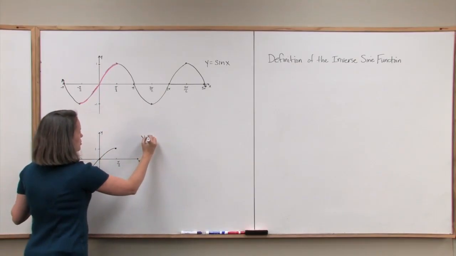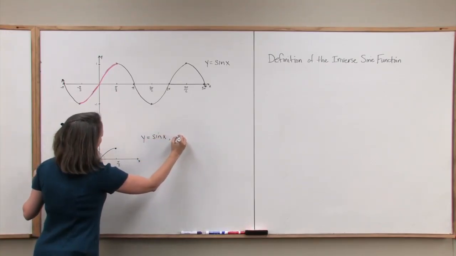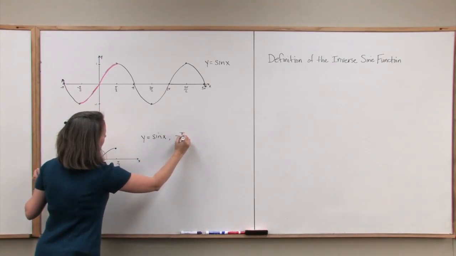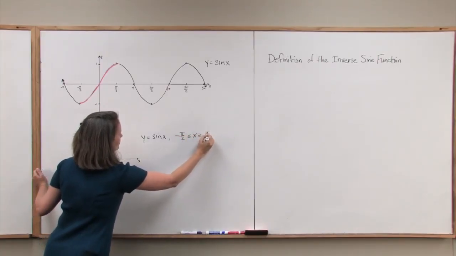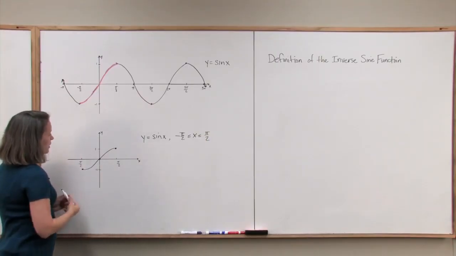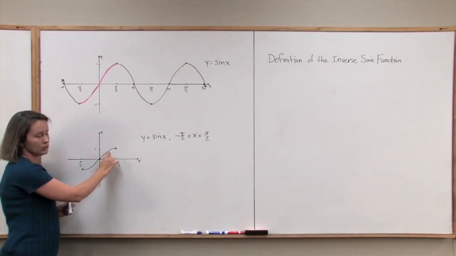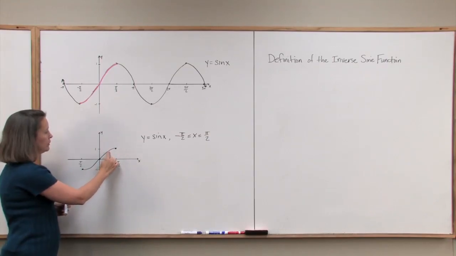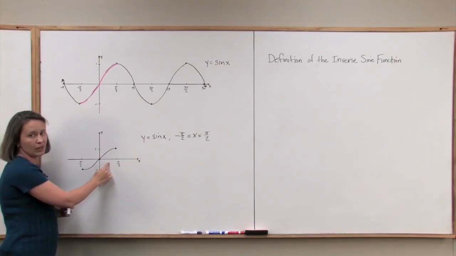So this is our function, y equals sine of x for -π/2 less than or equal to x less than or equal to π/2. And we can see this is our one-to-one piece we want to use. Each of these angle or x values corresponds to one y or sine value. And furthermore, each y value corresponds to exactly one angle value.